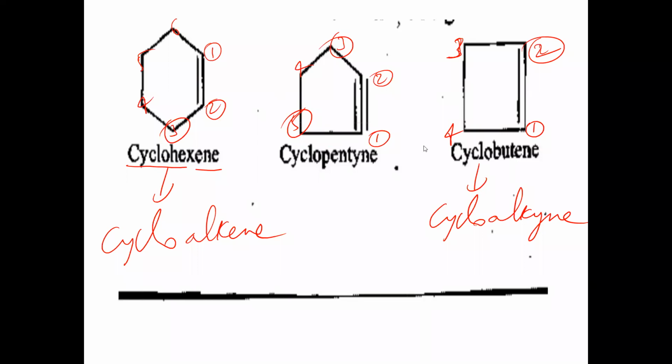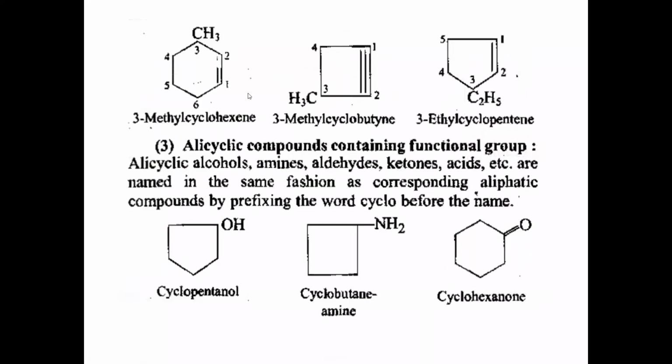Yeah. So now the next example here. In this case, see, this ring contains how many carbon atoms in total? 6 carbon atoms. So it is cyclohex. 6 carbon atoms in the ring form. Okay. Then numbering, how to give here?